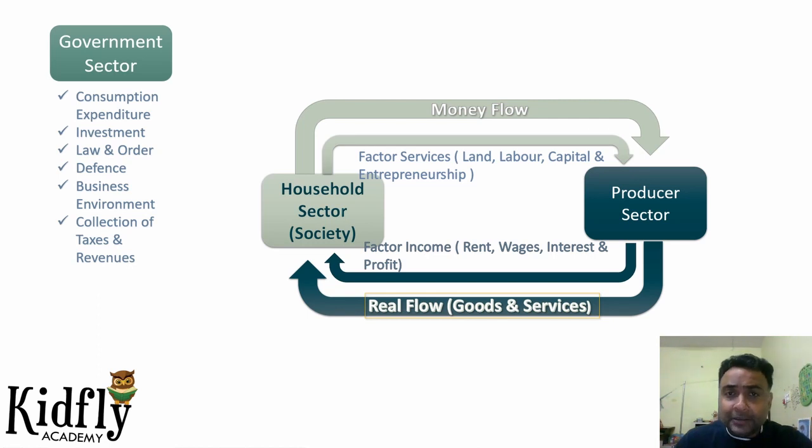And the last sector involved in this circular flow is the external one, which is involved in the process of import and export. With the flow chart, you can easily make out how the money, the income, moves from the household sector to the producer sector and reaches the government sector, and the government develops the infrastructure or the favorable business environment for these economic activities.